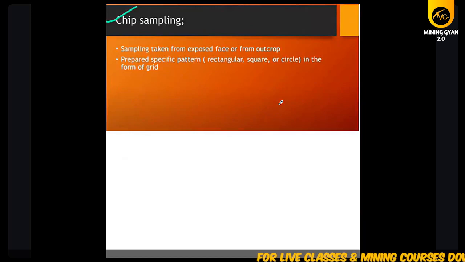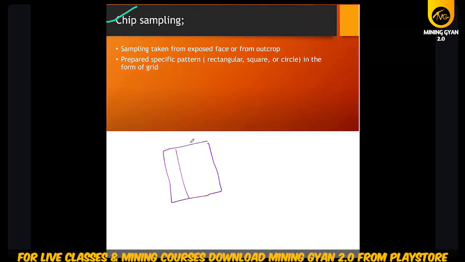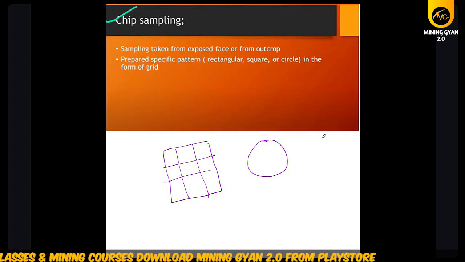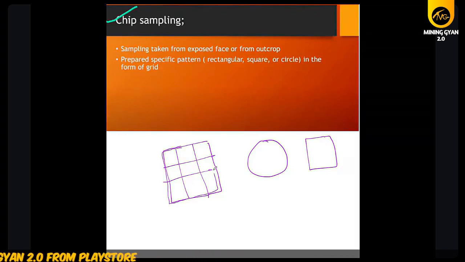So next is chip sampling. In chip sampling, when we collect the material, we generally collect in a rectangular, square, or circular grid. Various patterns, we collect in various forms. So suppose this is your face, and you collect material from various locations in this rectangle and try to find out the chemical.